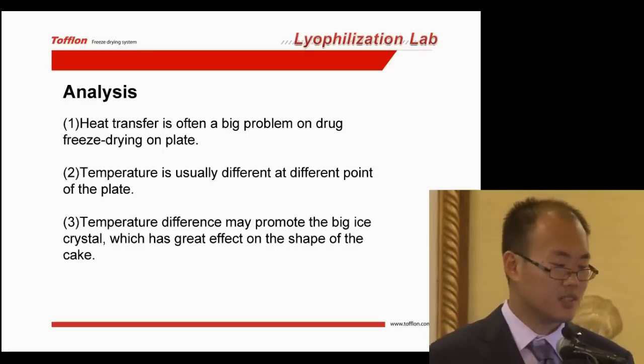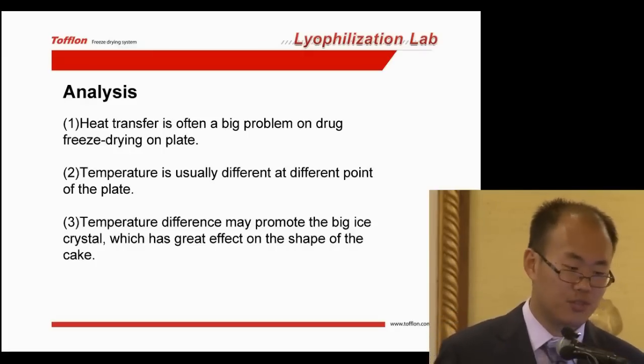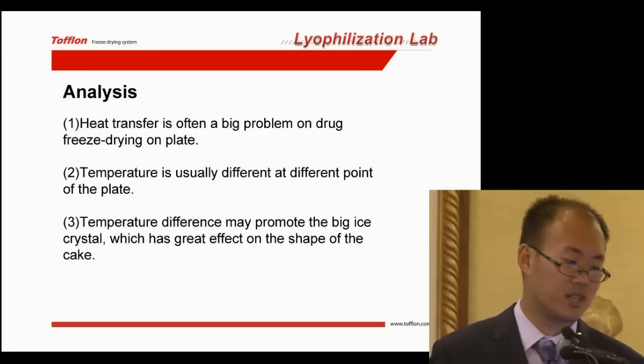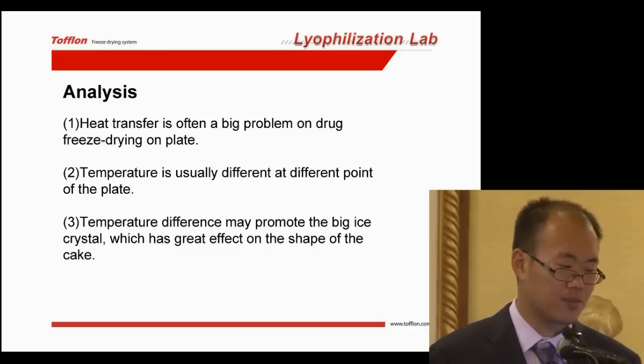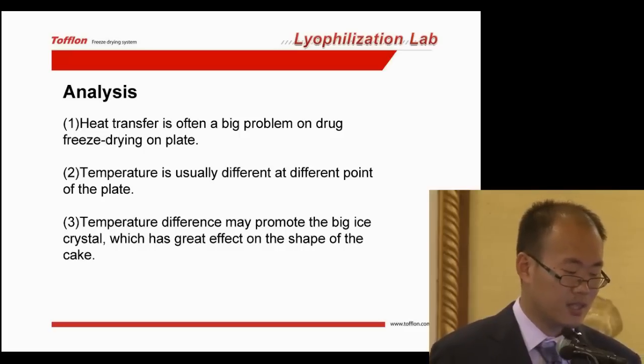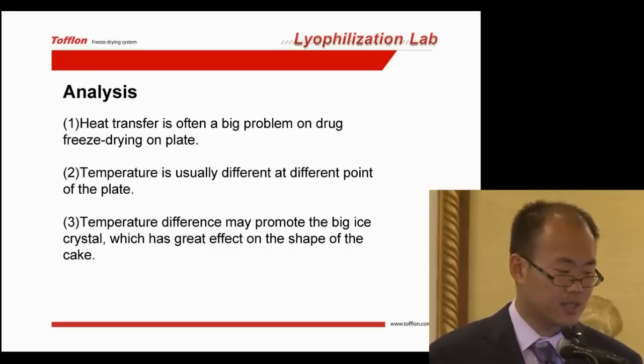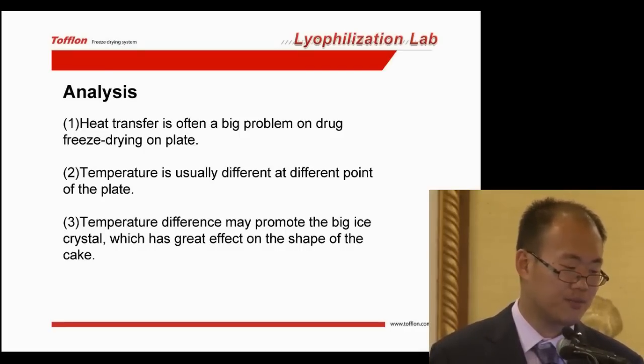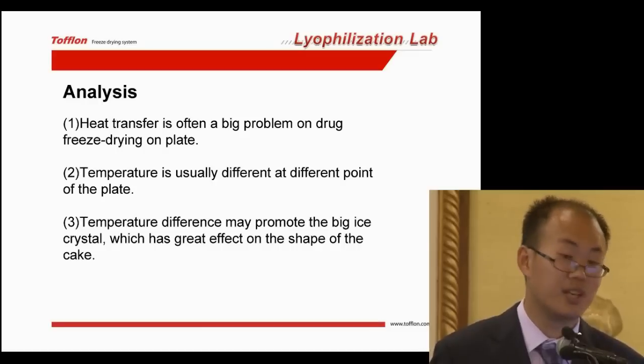First, let's analyze this problem. This client needs to freeze dry this product not in vials but in a plate. So heat transfer is a big problem in freeze drying on the plate. In the plate, temperature is usually different at different points.